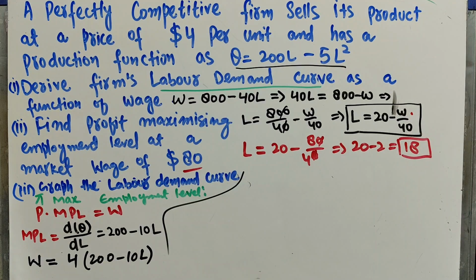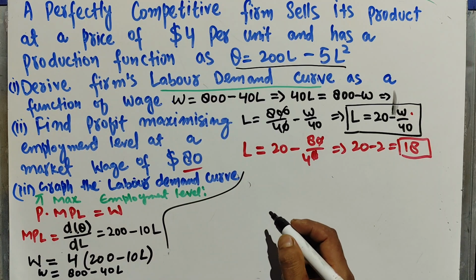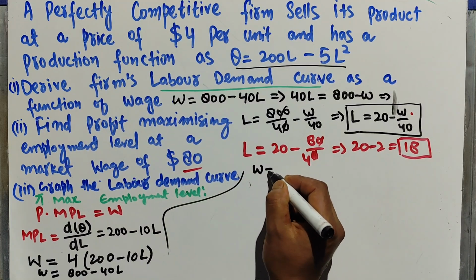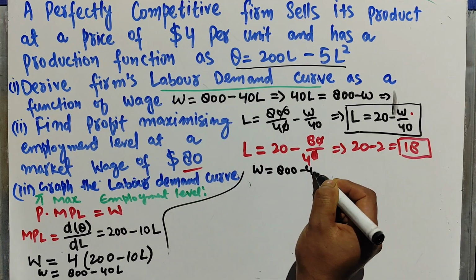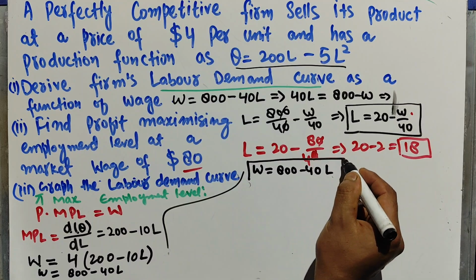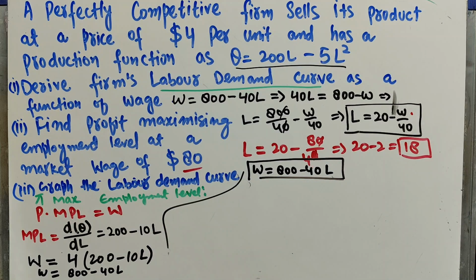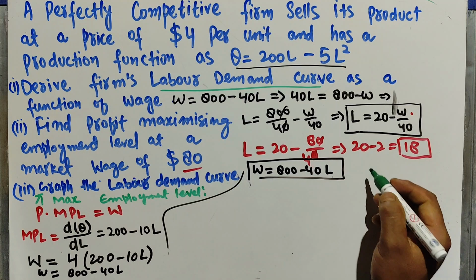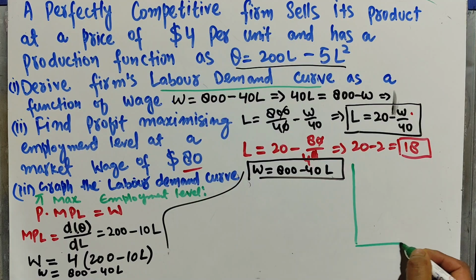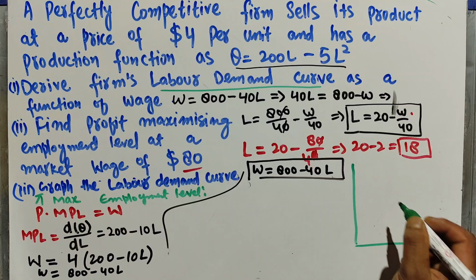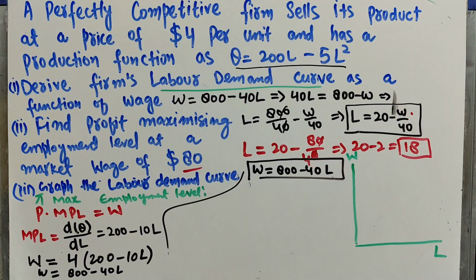Here we have W = 4 times 200, which is 800, minus 40L. So W = 800 - 40L. We have solved this function for W, and now we can draw the graph, with units of labor employed on the horizontal axis and the market wage rate on the vertical axis.